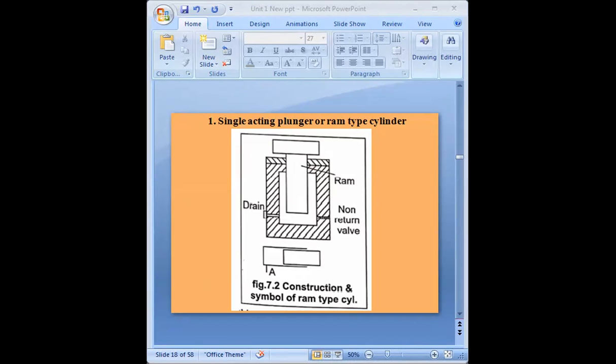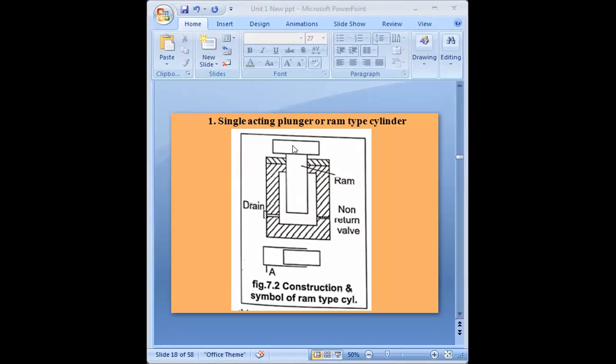Whatever the hatched line that is shown, that is the cylinder. This is the cylinder. That is the ram. Please just look at the mouse. Then the drain. And this upper part is the platform, or you can call it a load.